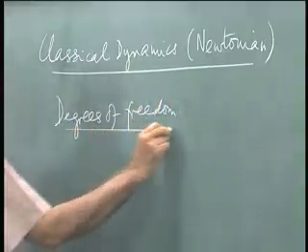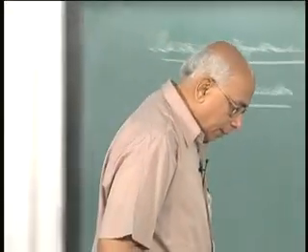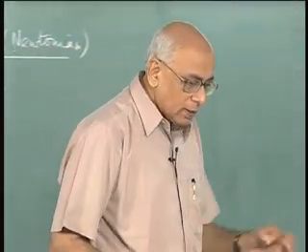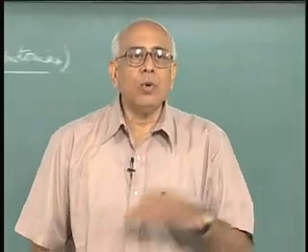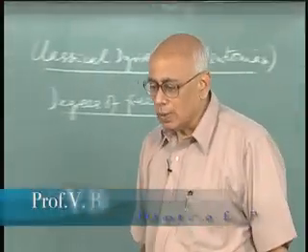What I mean by the degrees of freedom of a physical system such as a collection of particles or an object or rigid bodies obeying Newtonian mechanics in some sense. Okay. So I start with a single particle which can move in 3-dimensional space. I need 3 coordinates, 3 independent coordinates to specify its position at any given instant of time, and it has 3 degrees of freedom to start with.